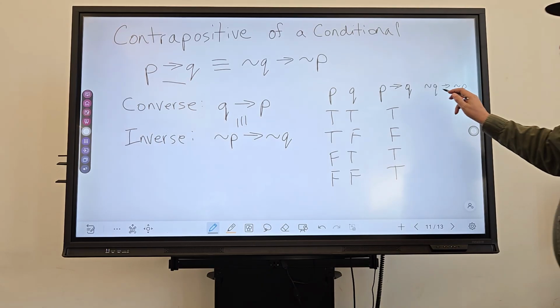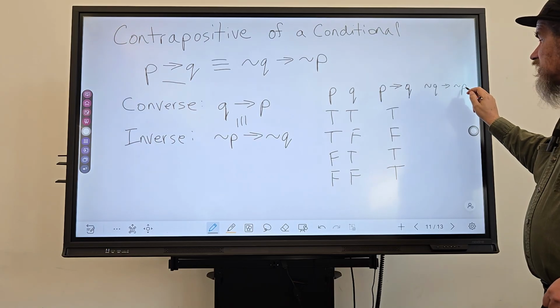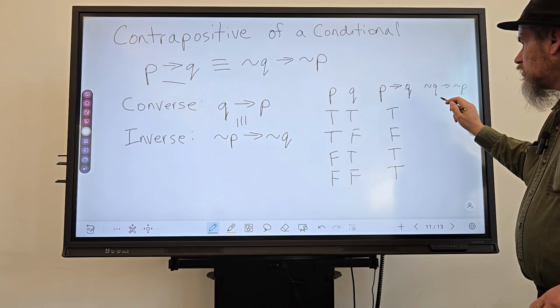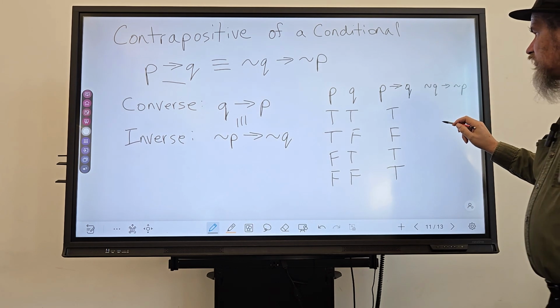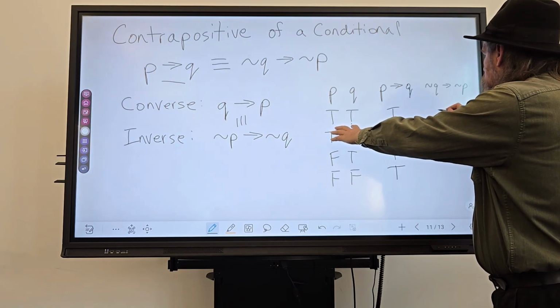Not Q implies not P. So you would have false implies false, which is true.